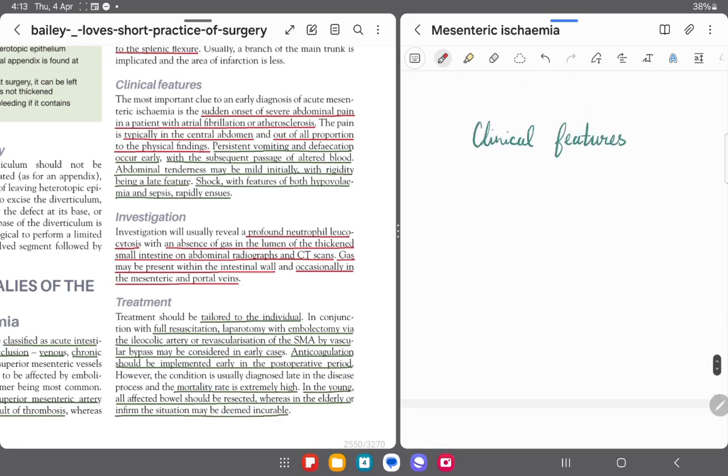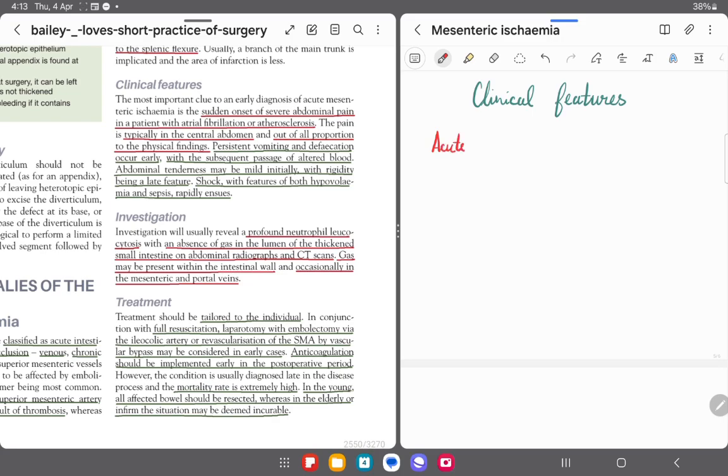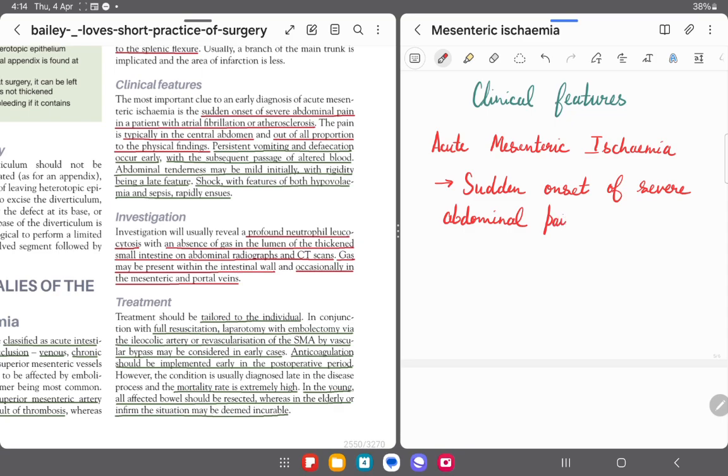So in cases of acute mesenteric ischemia, we will get a sudden onset of severe abdominal pain in a patient with atrial fibrillation or atherosclerosis.